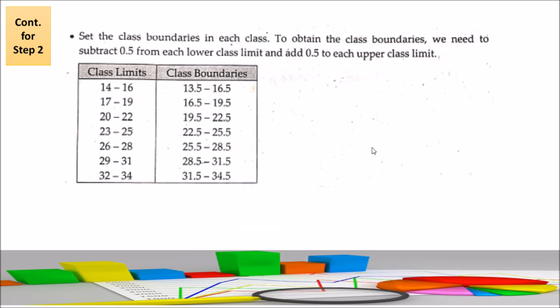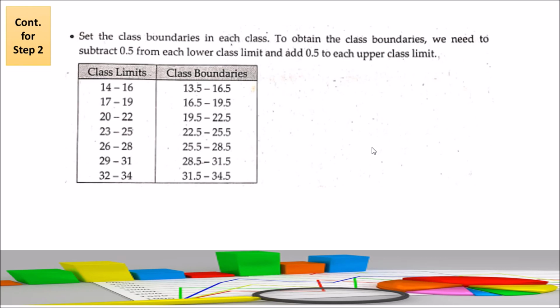So then set the class boundaries in each class. To obtain the class boundaries, we need to subtract 0.5 from each lower class limit and add 0.5 to each upper class limit. From 14 to 16 will give us 14 minus 0.5, 13.5, and 16 plus 0.5 will give us 16.5.